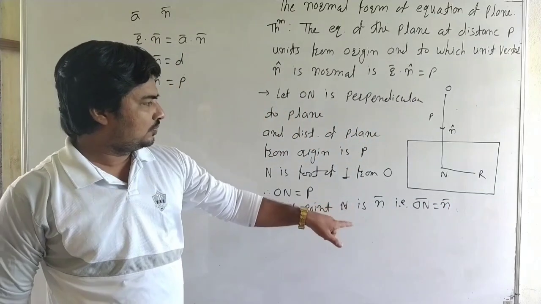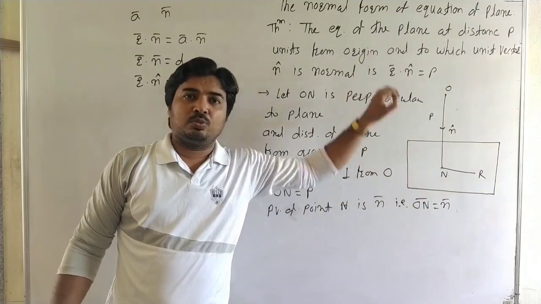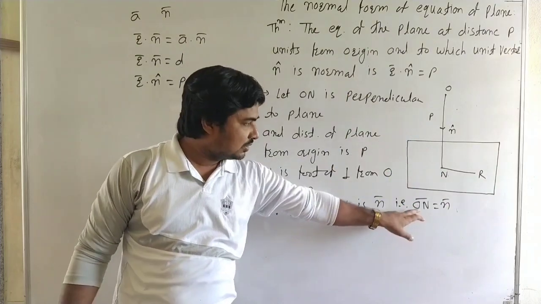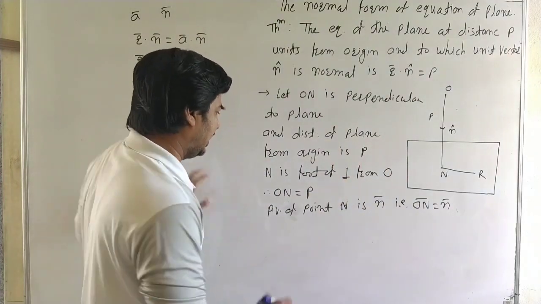Because N is the foot of the perpendicular and ON is a vector drawn from the origin to point N, ON is the position vector of point N, which we denote N bar.